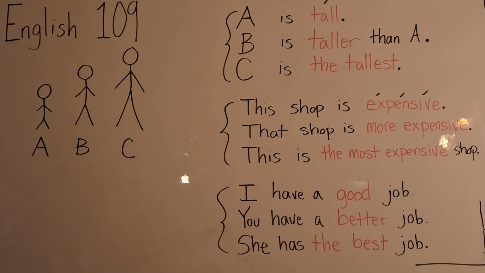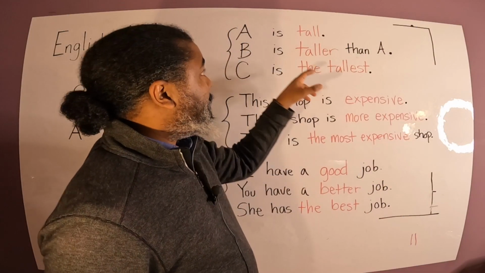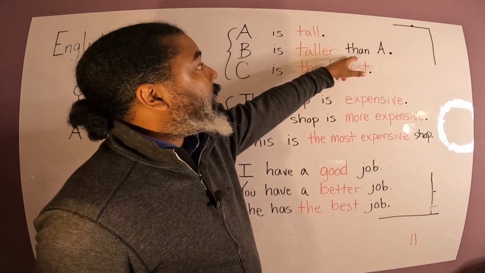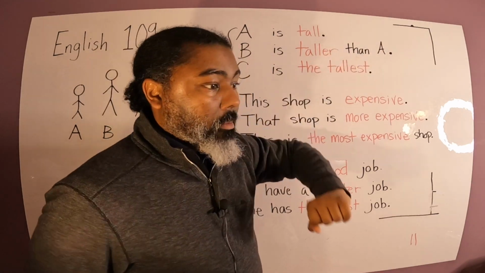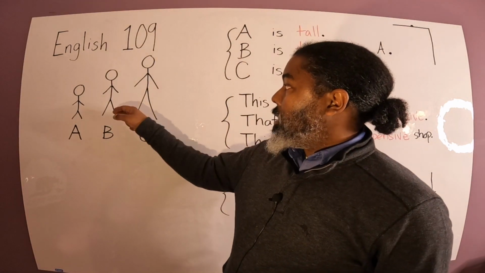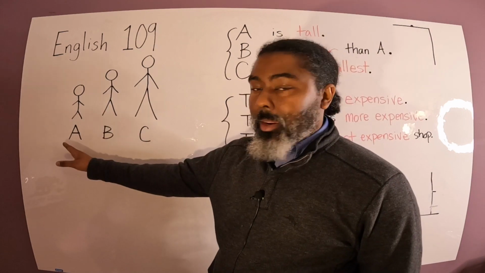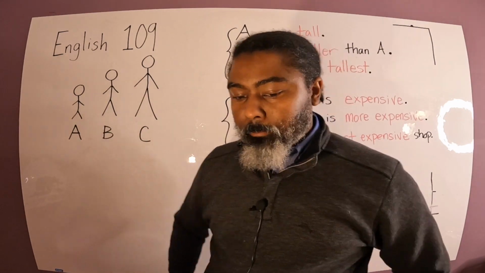Now, don't forget, for the comparative, taller, you must write than after it, especially when you're showing comparison. B is taller than A. Okay?